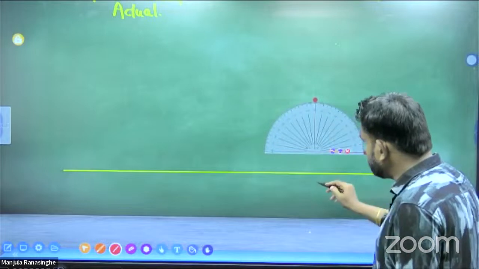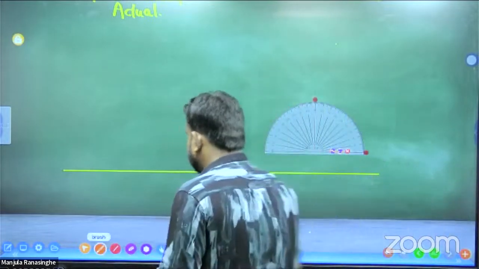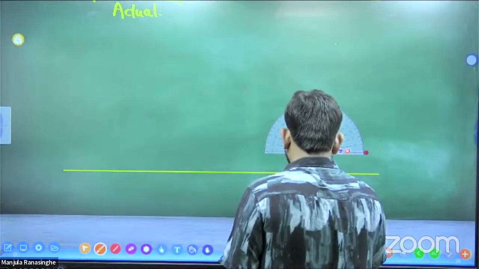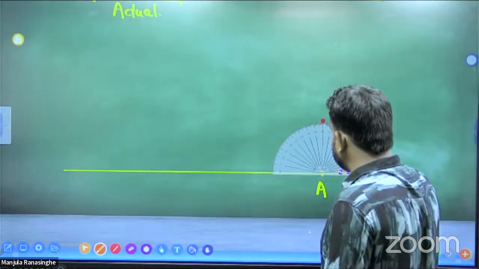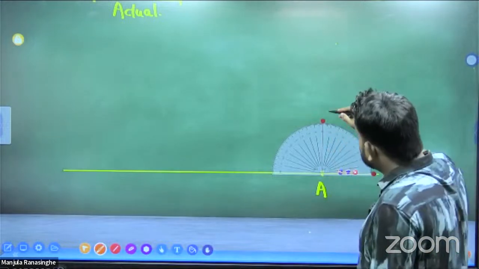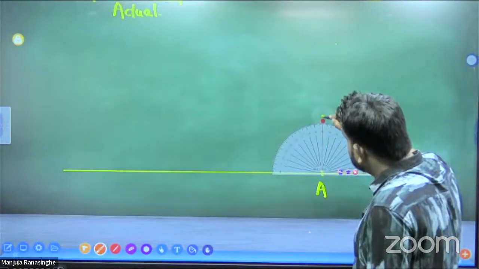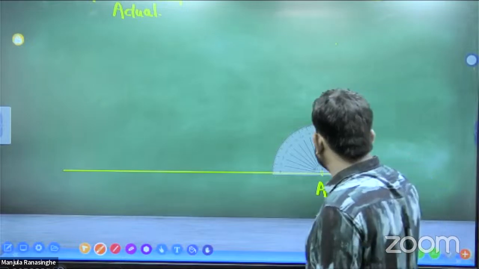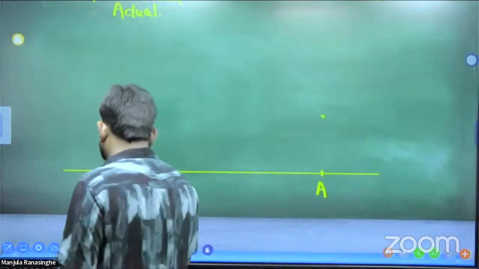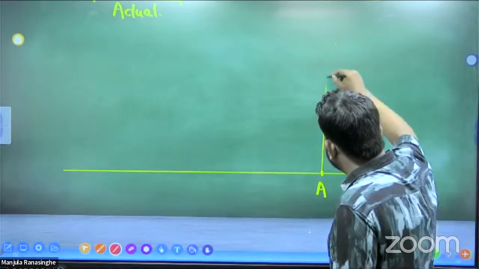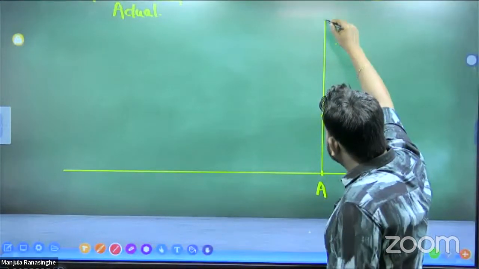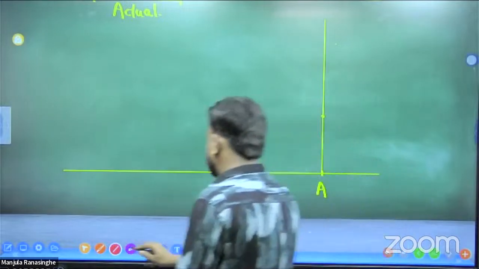I need to mark the line at this point, the vertical building at A. So you bring the protractor near to A and make a 90-degree. Okay, so this is my 90-degree line. Then I remove that and make a 90-degree line, vertically upward, passing through that point. Okay, then this is 90 degrees.